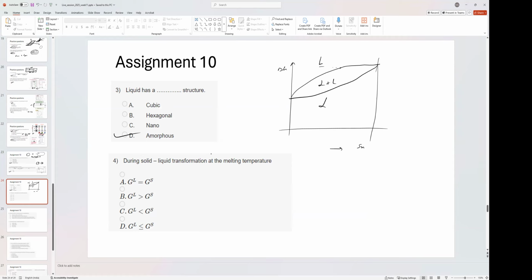At that point, your delta G of liquid will be equal to delta G for solid. Because you're exactly at the melting point, it's an equilibrium. Both states have equal free energy.